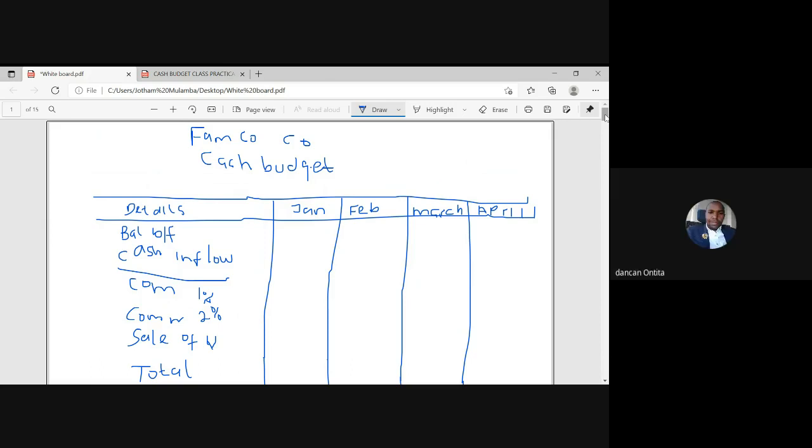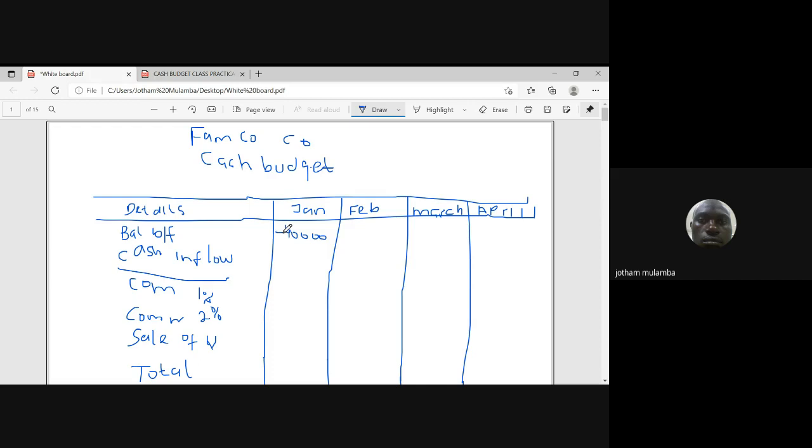The cash balance at the start of January 2019 is expected to be a deficit of shillings 40,000. Deficit, that means it's negative. Yes. Negative 40,000. So come and record here 40,000, but negative.